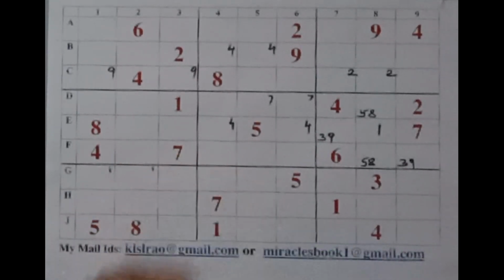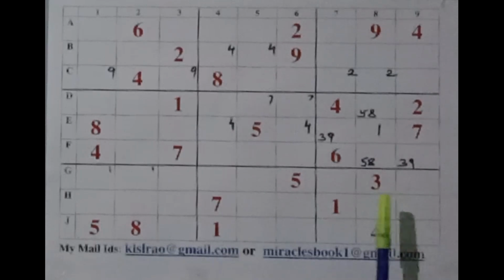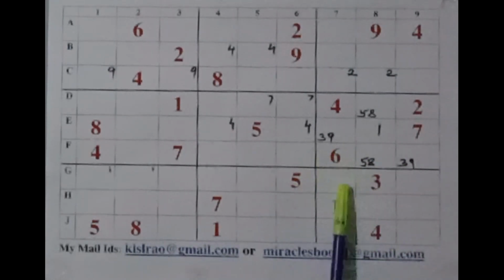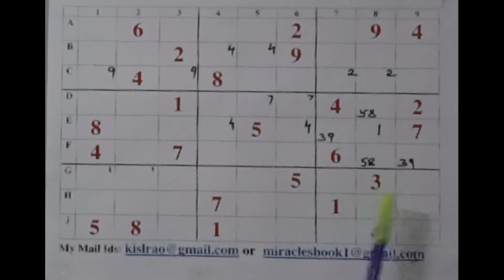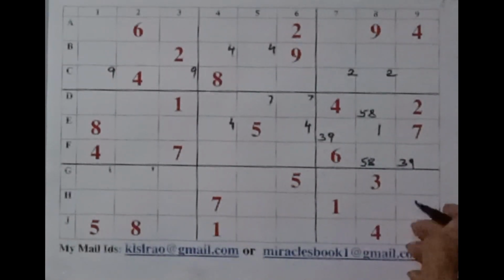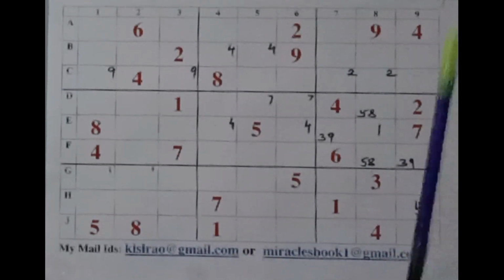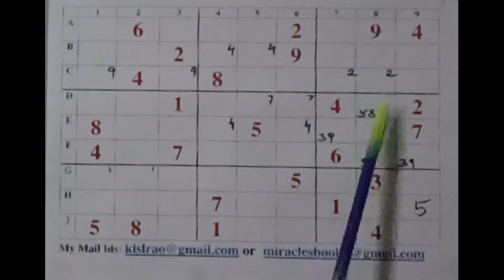Now, 2 is not there, 3 appears once, 4 appears once, 5 gets these 2 places. 5 should be here or here, but this pair we have made prevents us repeating this 5 here. Therefore, this is a certain sure place for number 5. That's the advantage of marking this pair.